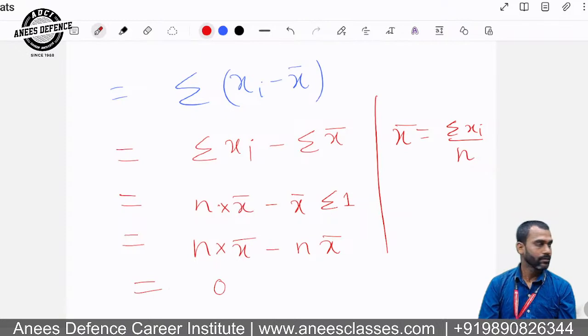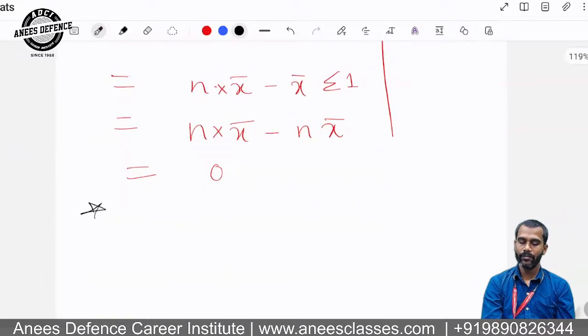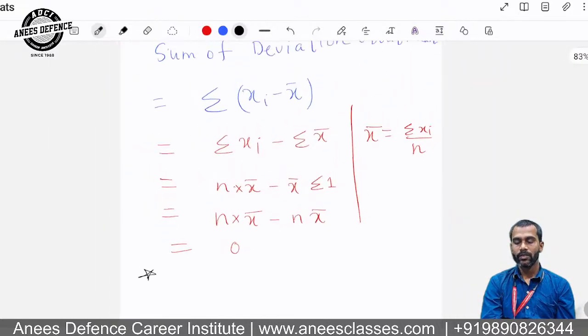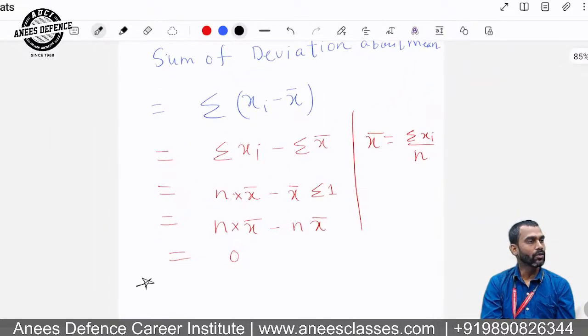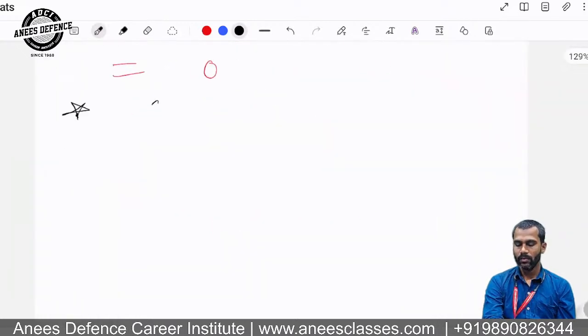That is equal to 0. So only note you have to write. That is why I have given that heading. Tell me. So just write it down. This is the proof. Yes or no? Sum of deviation about mean is 0. Write it down.